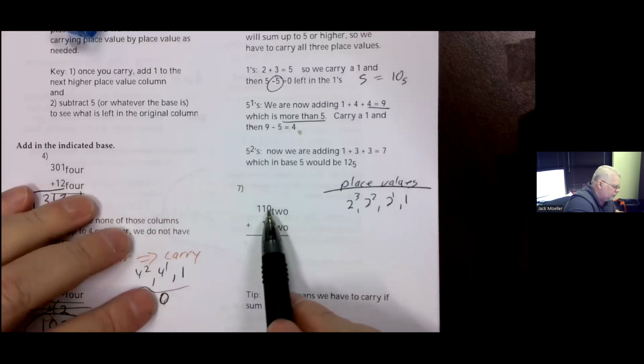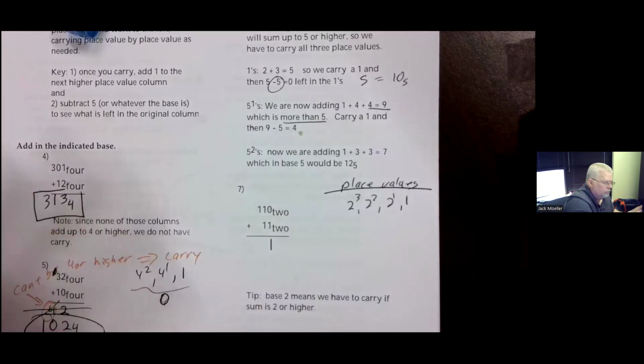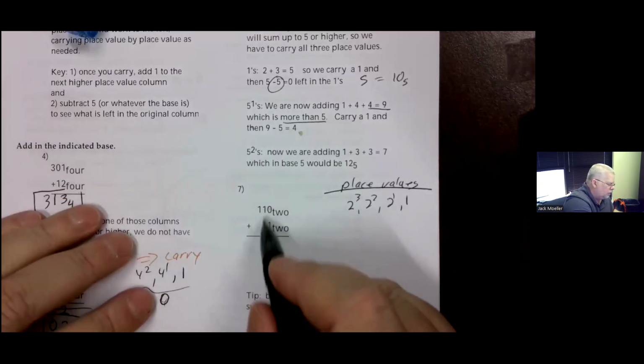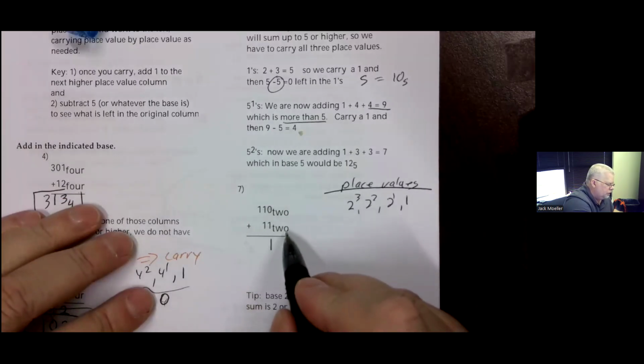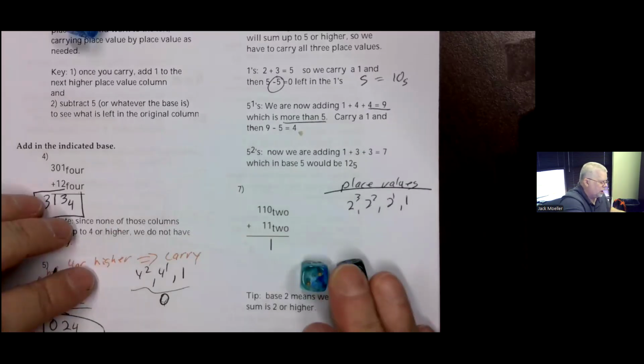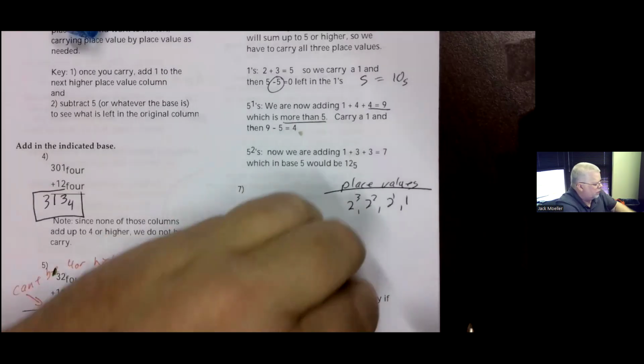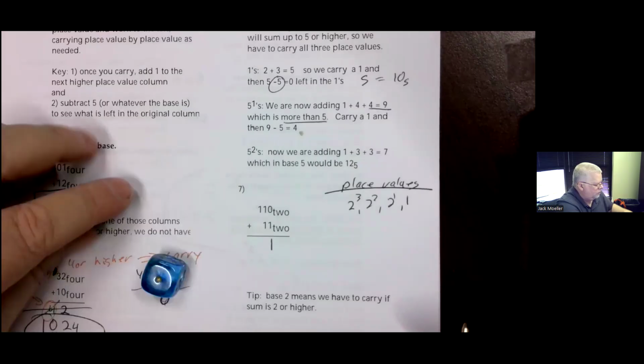All right, so first column, 0 plus 1 is 1, not 2 or bigger, so there's no carry. Now 1 plus 1 is 2. 2 is our base. So we have 2 in that column. What we have to do is carry those over. So it becomes 1.